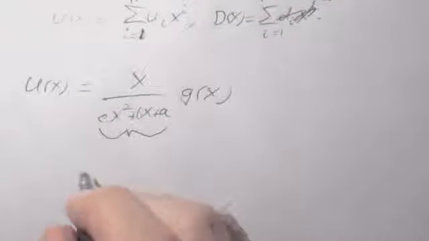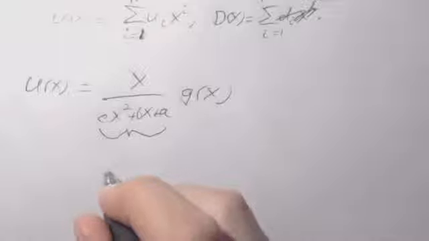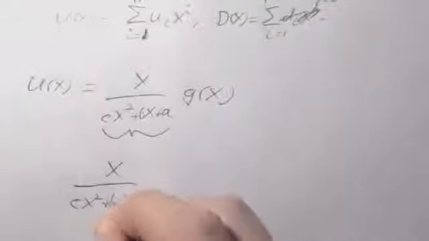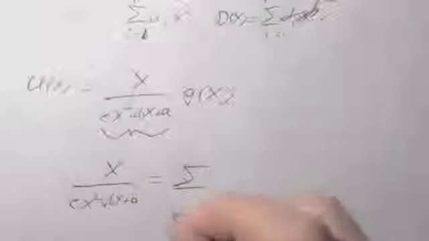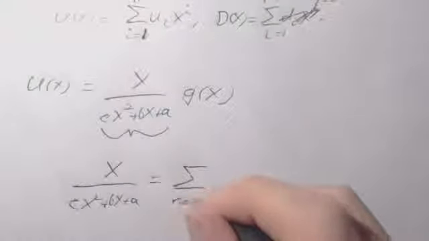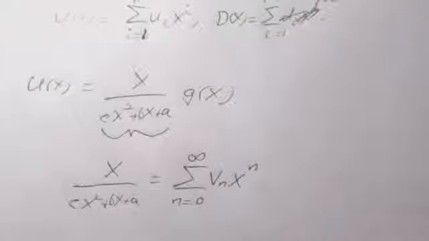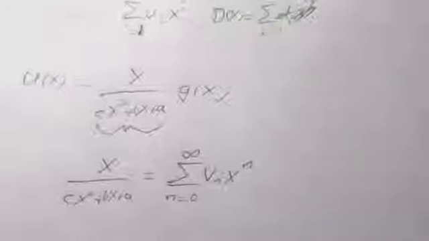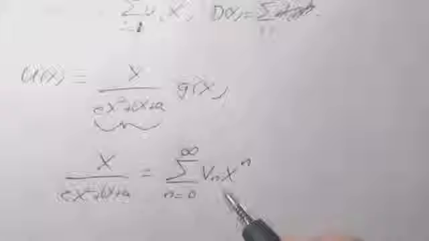So I'm going to use a sequence v_n, define the sequence v_n by x over cx squared plus bx plus a equals the sum from n equals 0 to infinity of v_n x to the n, and this will define our sequence v_n.